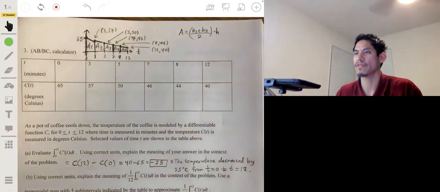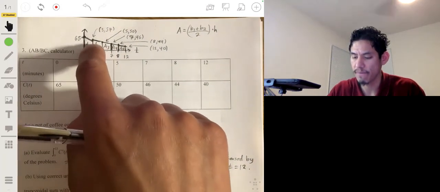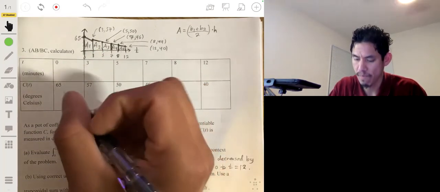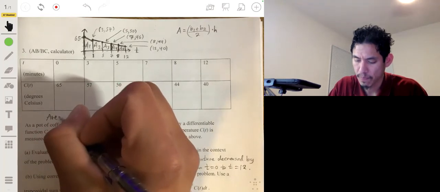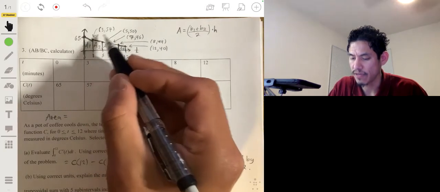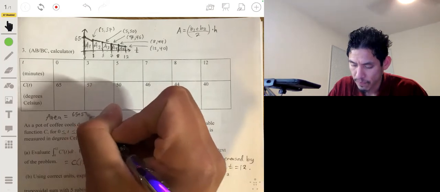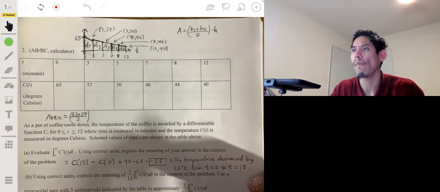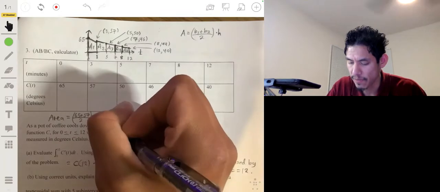Anyways, when you're trying to figure out the sum of each of these, you're just going to take the area for A1, that would be right over here: 65 plus 57 over 2 times this length, which is 3.